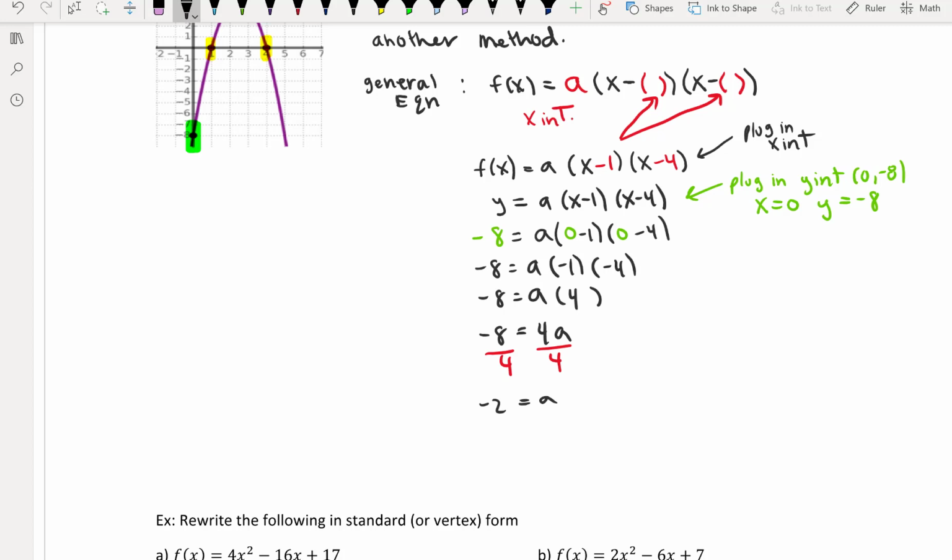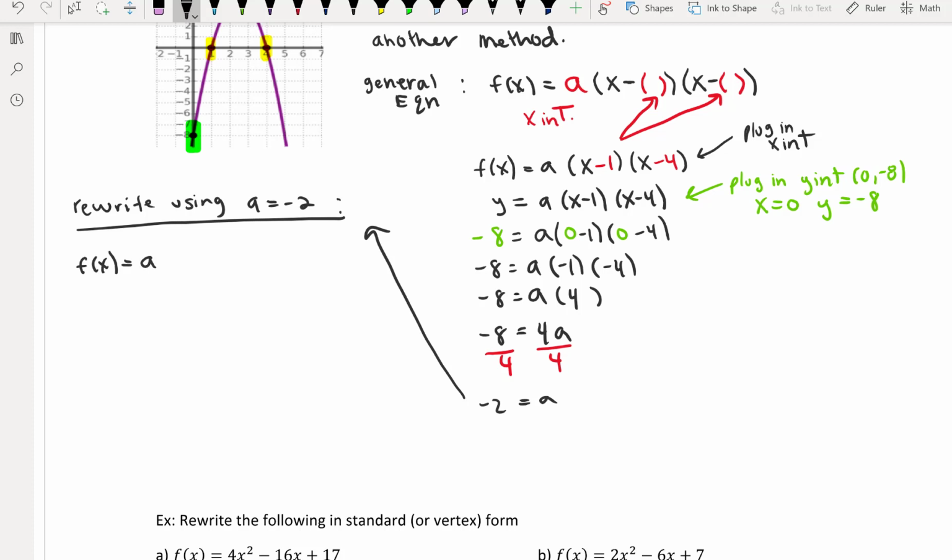Now that I have that piece of information, I can plug it in and rewrite using a equal to negative 2. From my general equation, f of x is equal to a(x minus 1)(x minus 4). So f of x is equal to negative 2(x minus 1)(x minus 4).